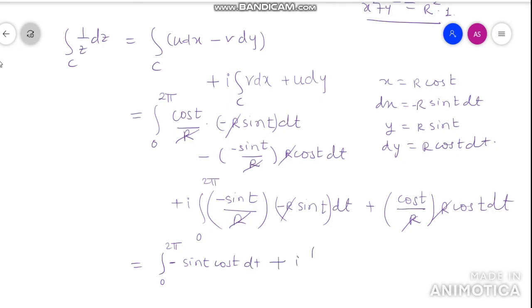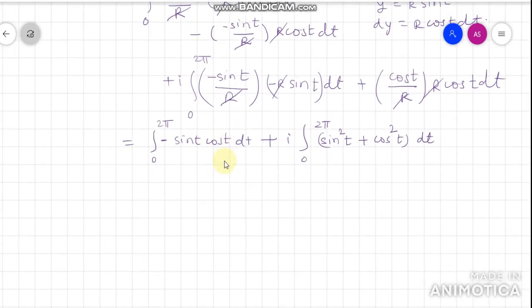plus i times integral 0 to 2 pi, minus into minus plus sin square t plus cos square t dt. Now we are moving to finish.